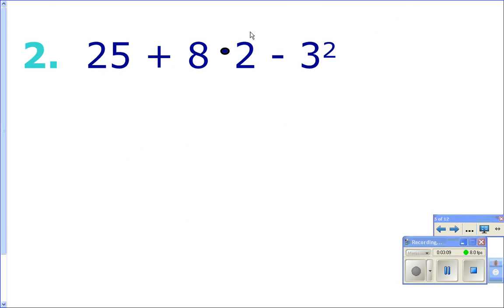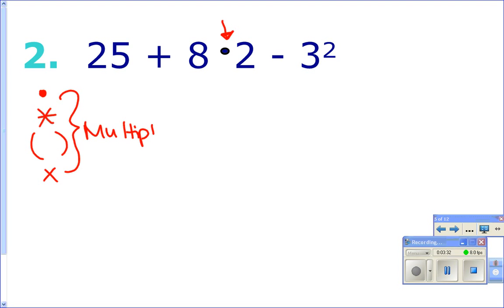Okay? Next step, we have 25 plus 8 times 2 minus 3 squared. Whenever you see a dot, that means multiply. Dots, asterisks, parentheses, and the X all mean multiply. Okay? If you want to write that next to your notes, you can do that.